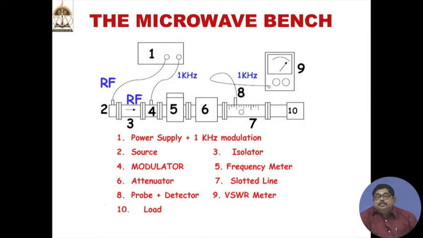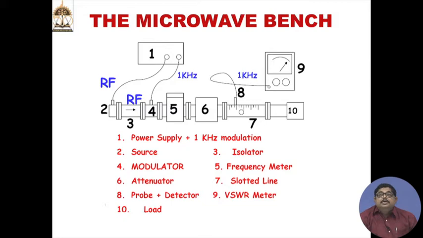So, the diode cannot detect your microwave, but it can detect a 1 kilohertz signal. So, we give a 1 kilohertz modulating signal to the RF, and that is why it comes in with a modulation of 1 kilohertz. The diode can detect that 1 kilohertz and gives you the output.